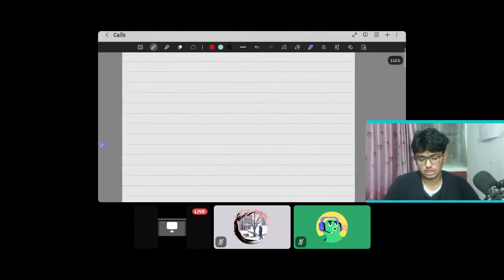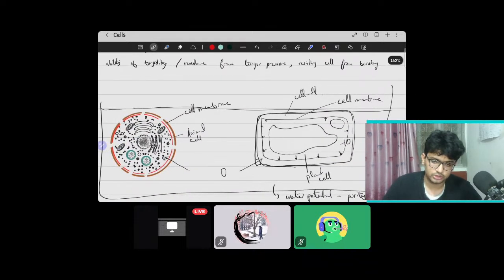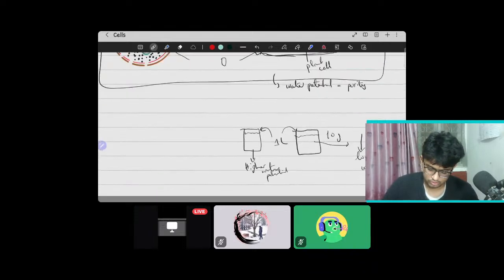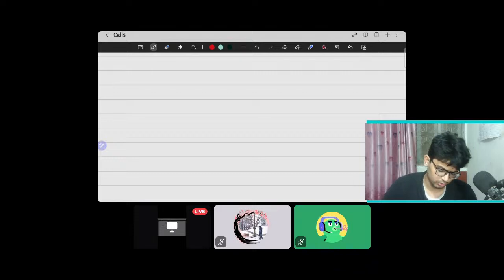Now, the mechanical support, I don't think I need to explain this, but plant cells have specific shapes because of the cell wall. They provide mechanical support, also because they are hard and stretchy structures, and there was some things about plasmodesmata which I've already explained.